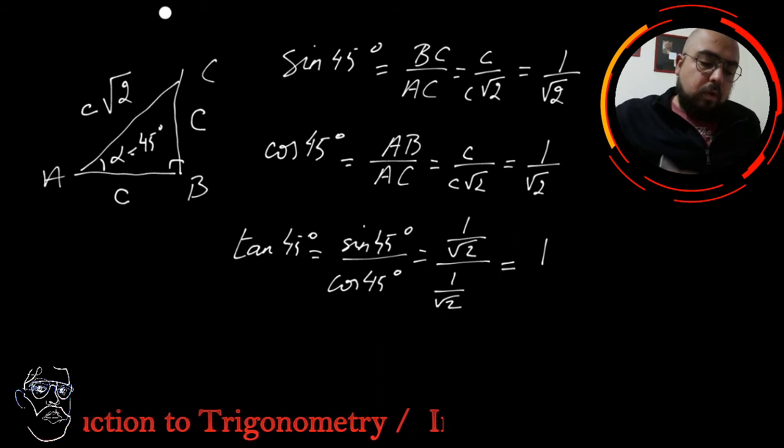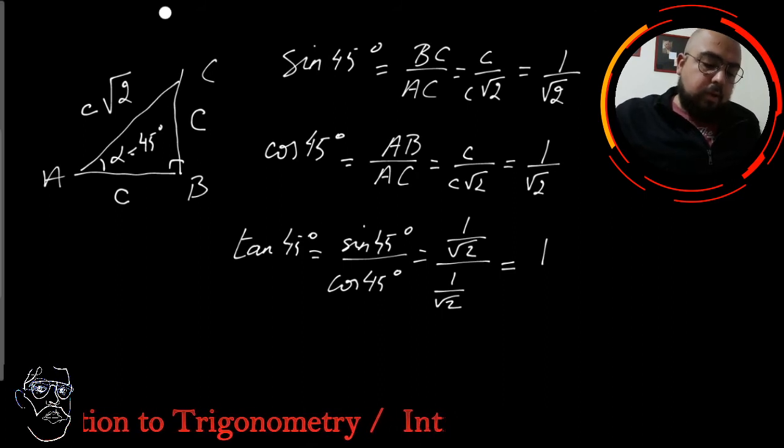If you would like to have a small table where we can have the different angles and their different ratios that we get by choosing trigonometric functions, I'm going to give it to you.